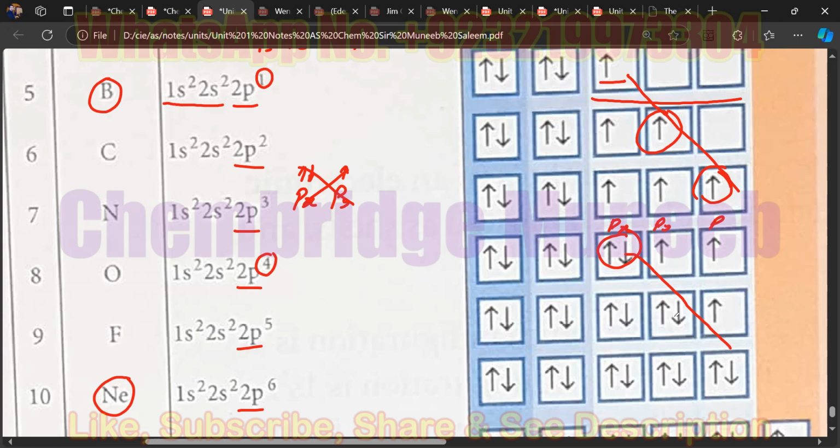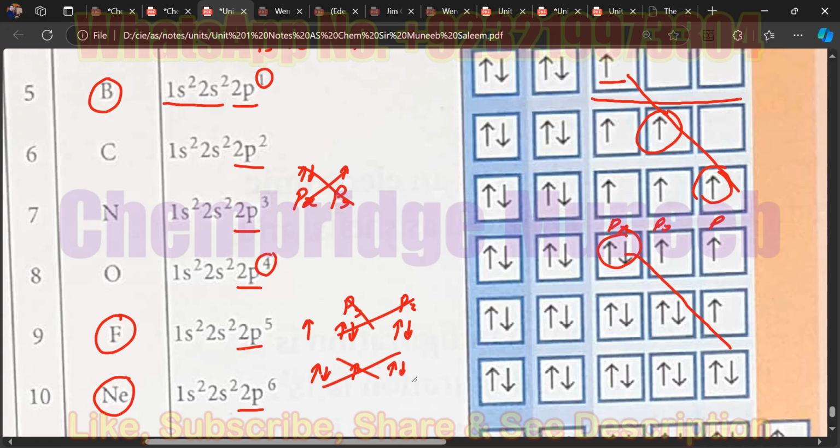For example, if I want to show the electronic configuration, it will be considered wrong if you put one electron in the px and two electrons in the py and two electrons in the pz. It will also be wrong if you put one electron in py and two electrons in pz.